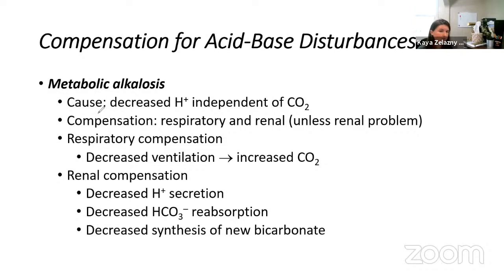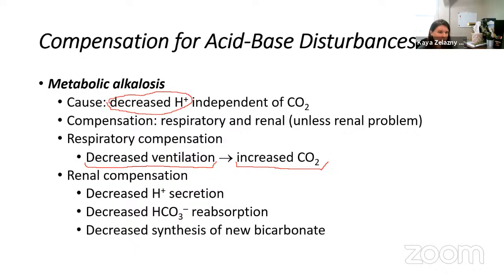The respiratory compensation for this would be to increase our CO2, so to breathe faster, or sorry, to breathe slower. The decreased ventilation means you're not breathing off the CO2 as much, which means it's staying in your blood, which means it's going to act as an acid to kind of balance out the fact that we have decreased hydrogen ions.